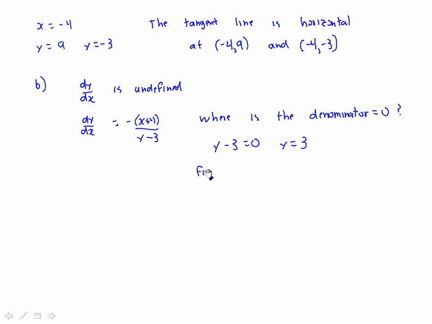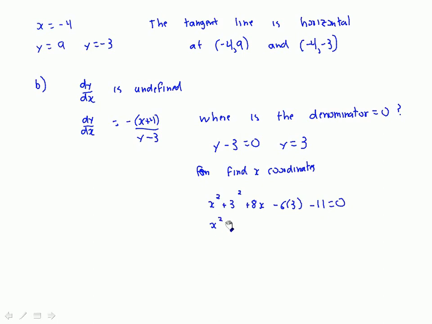So now you just find the x coordinates. So this gets substituted into the original expression again. So you've got that down someplace. So sub it in: x squared plus 3 squared plus 8x minus 6 times 3, 6y, minus 11 is equal to 0.